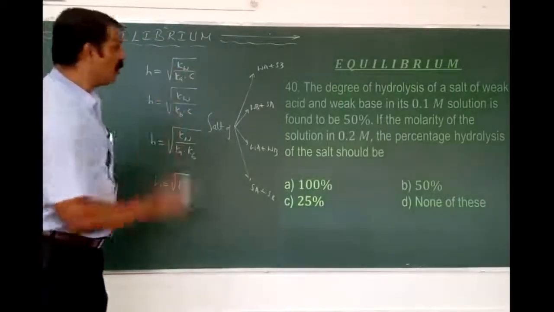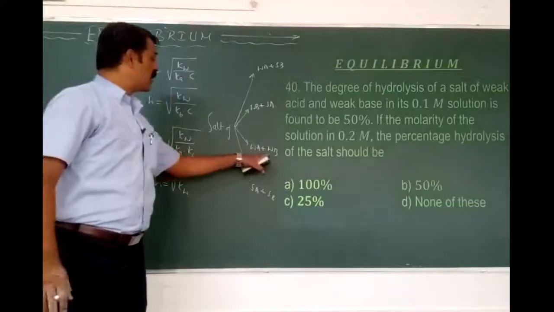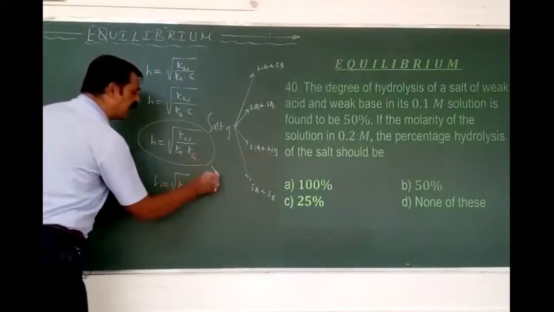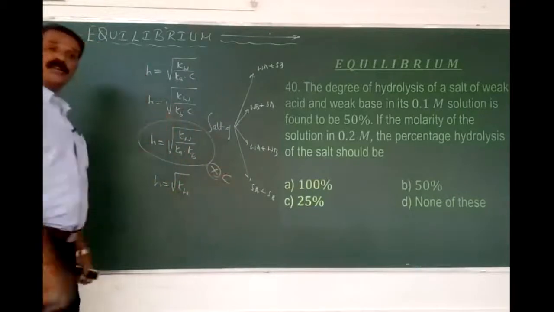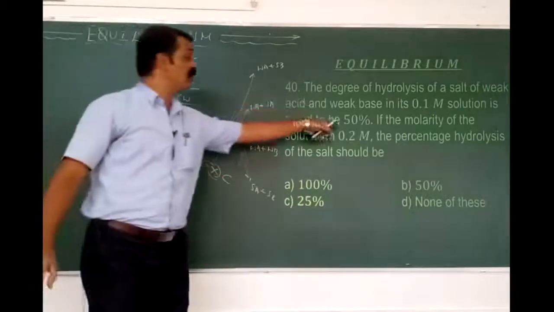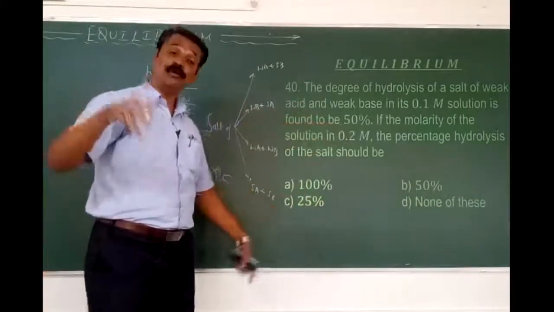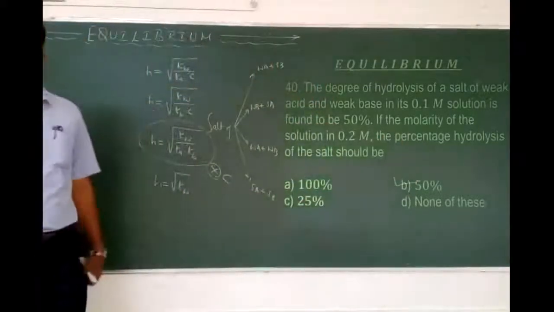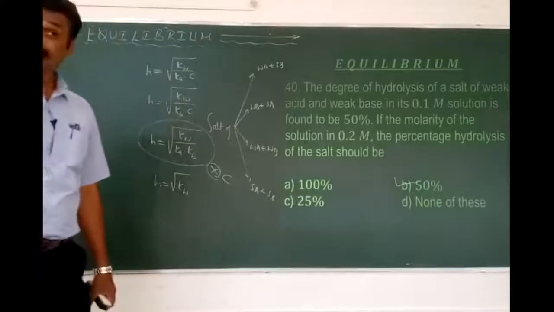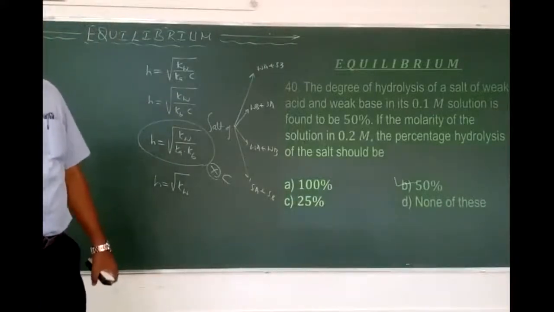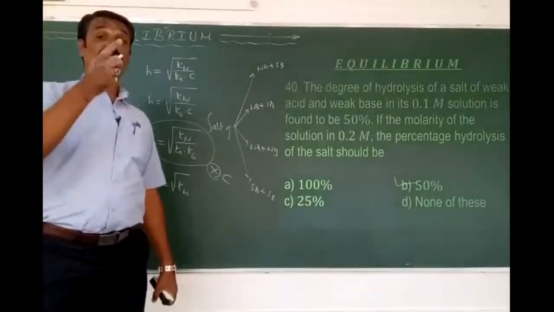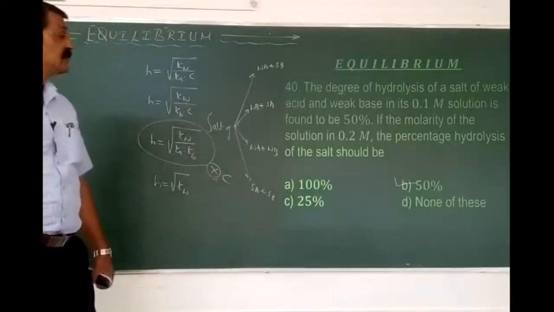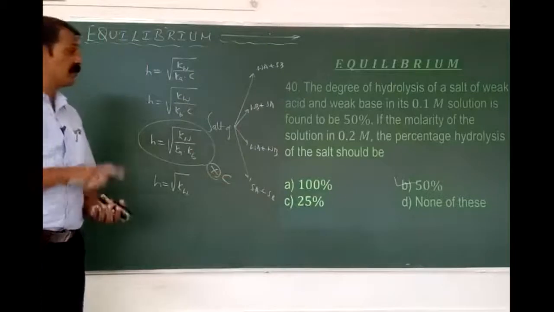So as it is a salt of a weak acid and a weak base, the degree of hydrolysis is independent of concentration. Even if it is 50 percent for 0.1 molar, it is also 50 percent for 0.2 molar, because the degree of hydrolysis for a weak acid and weak base, or strong acid and strong base, is independent of the concentration. Therefore, it remains the same as the original. It is 40B.